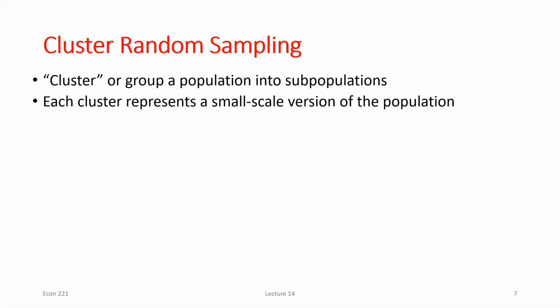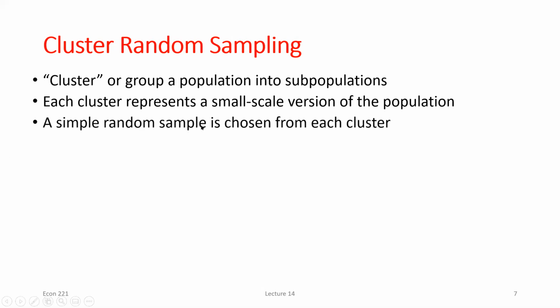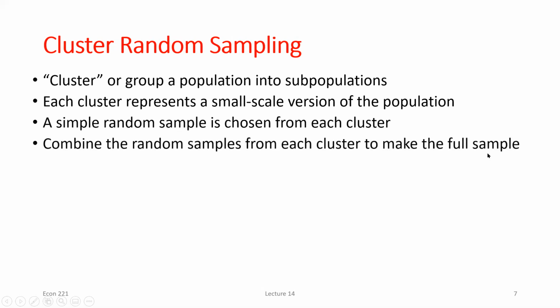So I could randomly sample 10 people from every state and throw them all together to get my full sample. Dividing it into these 50 states and sampling 10 from each would give a full sample of 500, right?